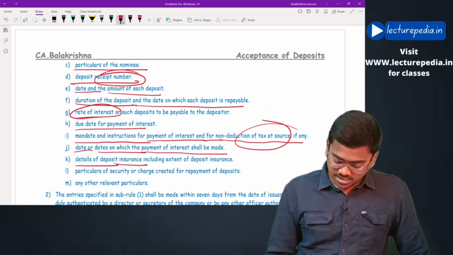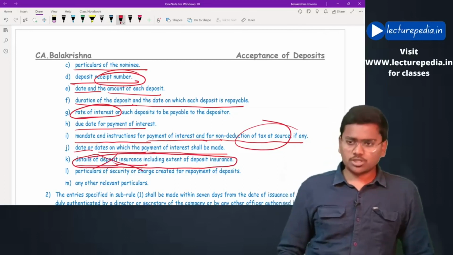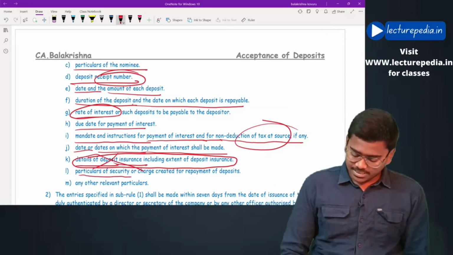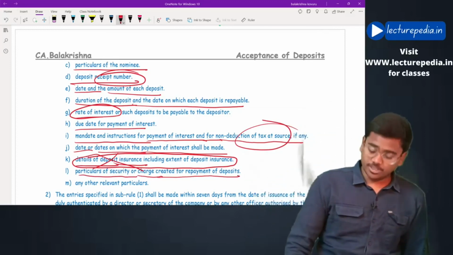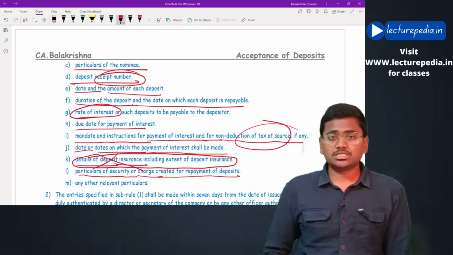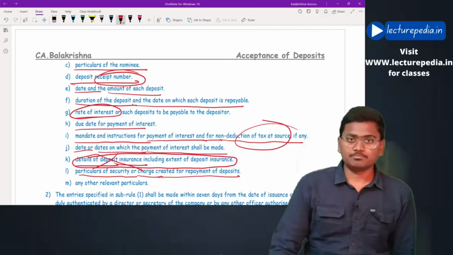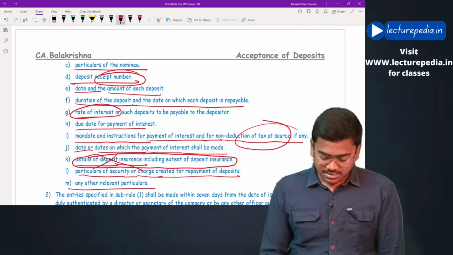Details of deposit insurance. This one you can strike it off, because concept of deposit insurance is not present now. Next, particulars of security or charge created for repayment of deposits. In case deposits are secured deposits, particulars of security that has been granted to this deposit, the same has to be mentioned, and any other relevant particulars.